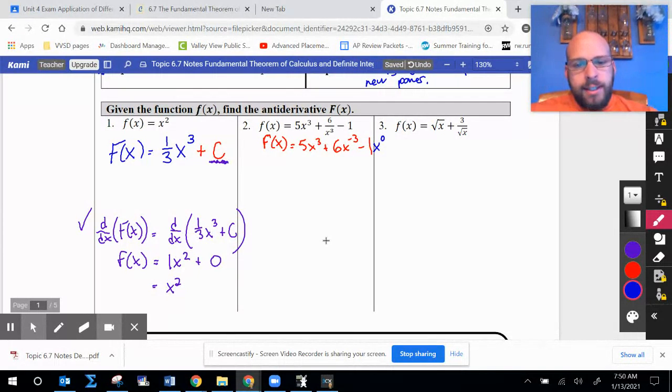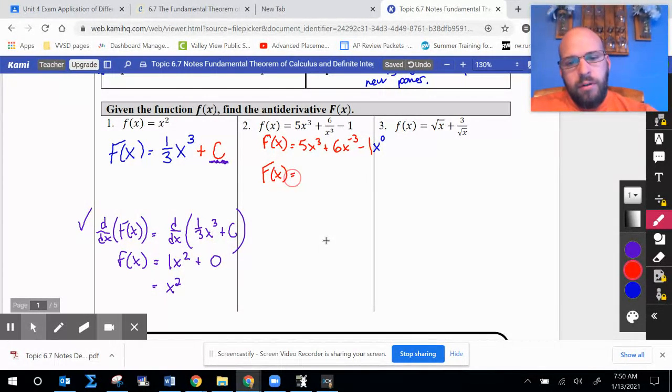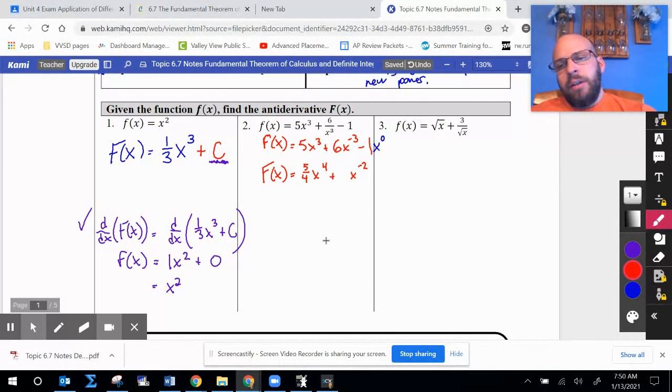So if I take the antiderivative, I'm going to say x to the 4th, and then I'm going to multiply this 5 by the reciprocal of 4, which would be 1/4. So that's how I get a 5/4 in front. Now, if I raise up x to the -3 power, now it's going to be -2, and I'm going to multiply 6 by the reciprocal of -2, which would then give me a -3.